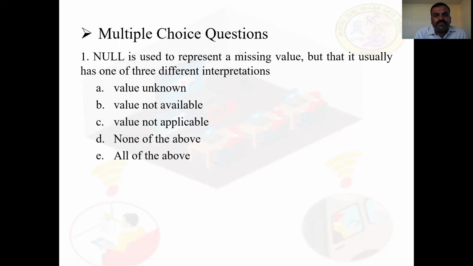Null is used to represent a missing value, but it usually has one of three different interpretations. What are the three different interpretations? Value unknown, value not available, value not applicable, none of the above, all of the above.